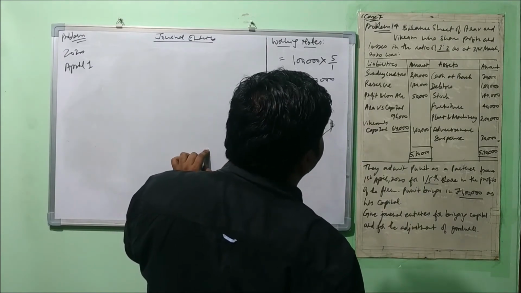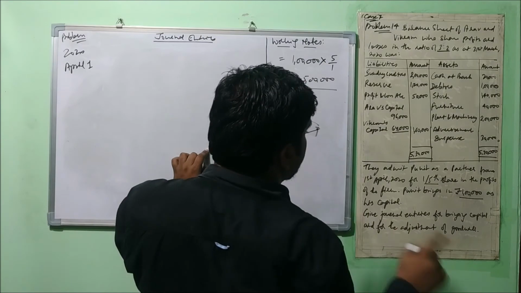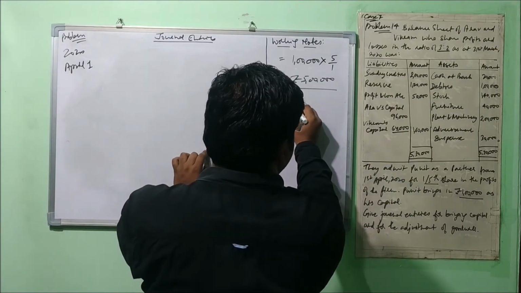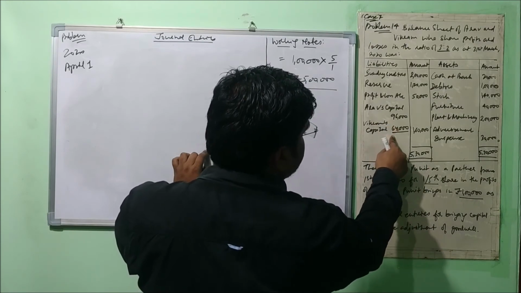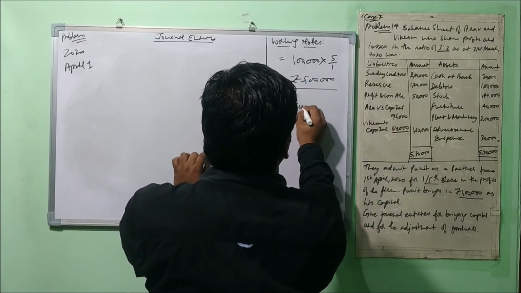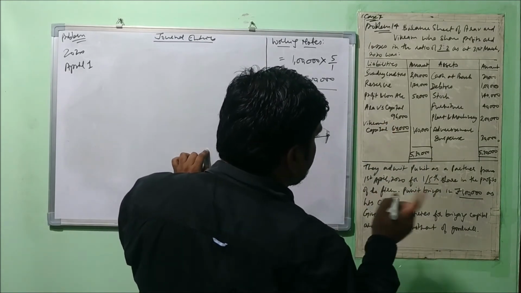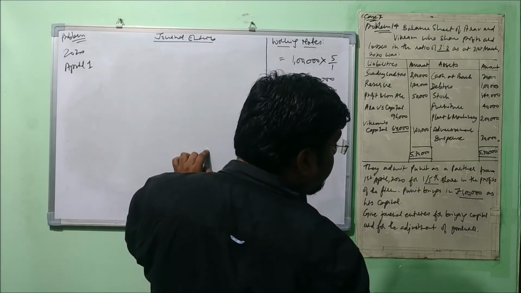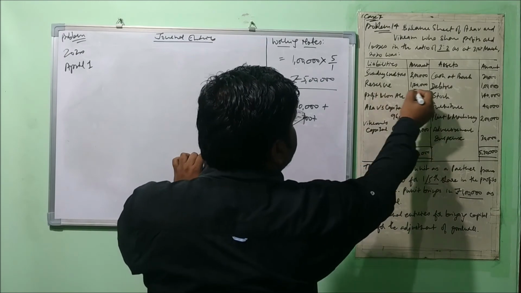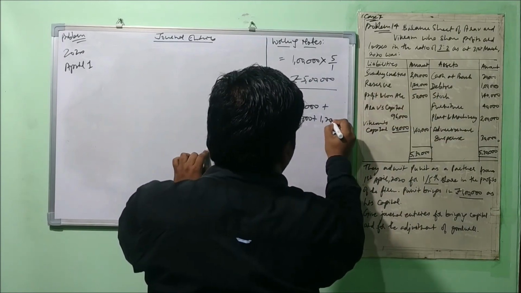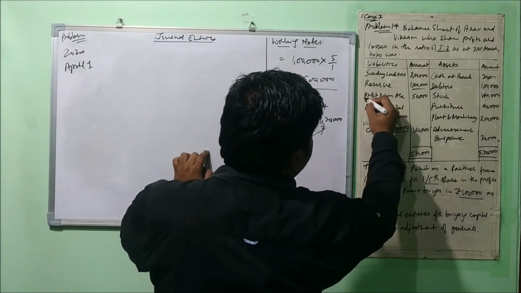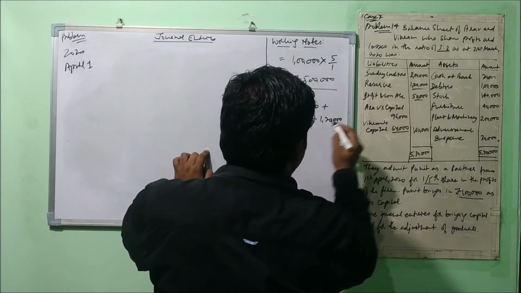Very first we will put the adjusted capital of old partners, that is 96,000 plus 64,000, that is 1,60,000. Plus we'll take the new partner's capital, that is 1 lakh. Plus we'll take the entire amount of reserve, that is 1,20,000. Plus we'll take the entire amount of profit, that is 50,000.